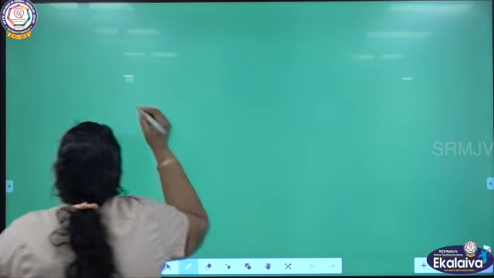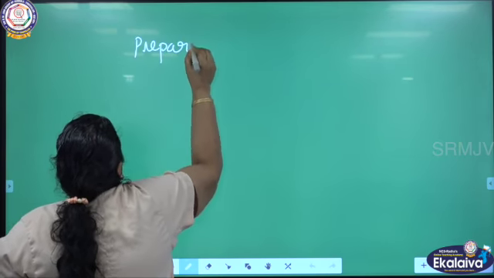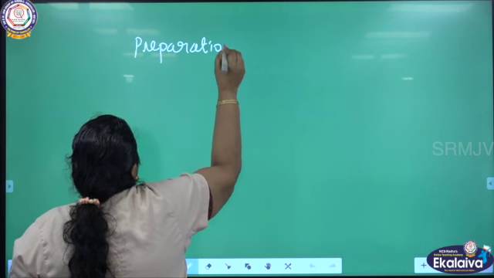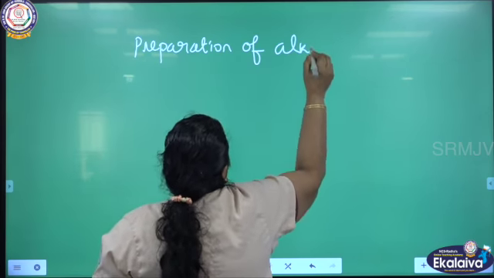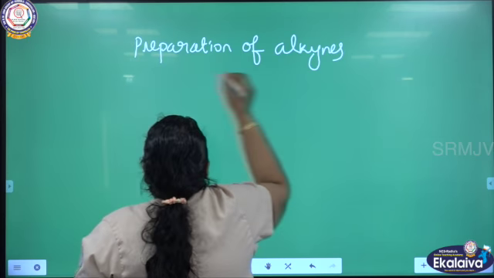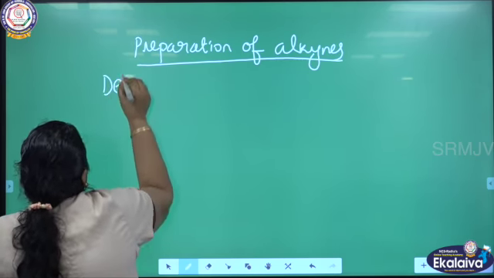The next one, we are going to talk about preparation of alkynes. So, what is the first method we are going to see? Dehydrohalogenation.